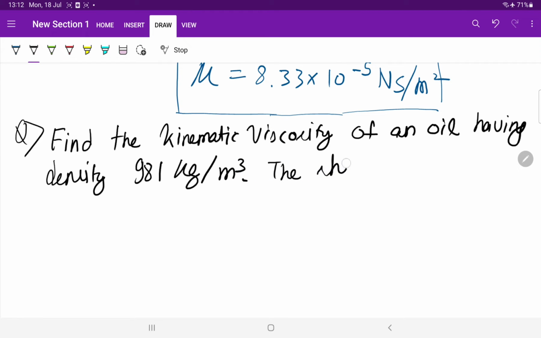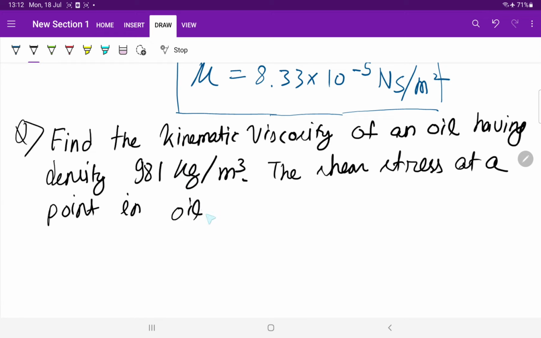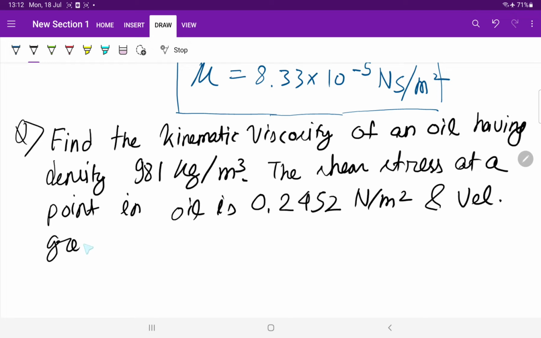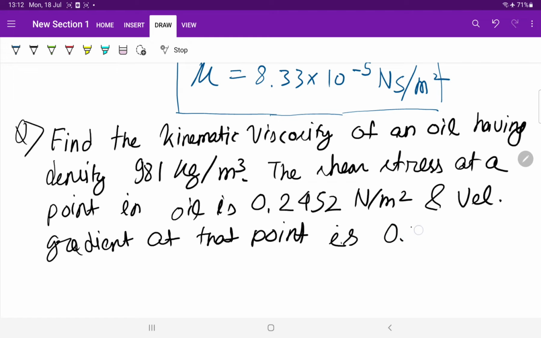The shear stress at a point in the oil is 0.2452 Newton per meter square, and the velocity gradient at that point is 0.2 per second.